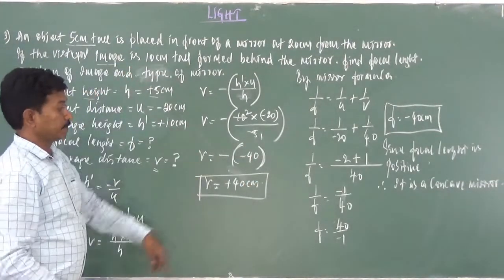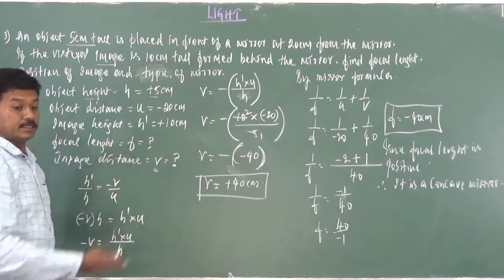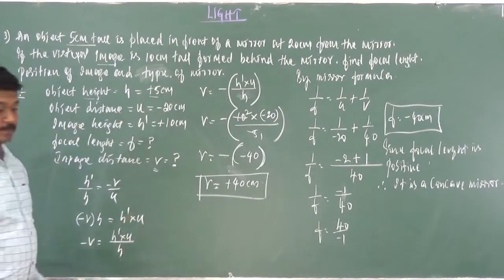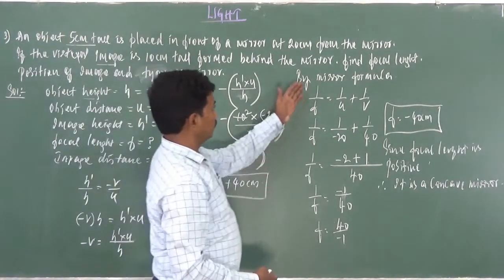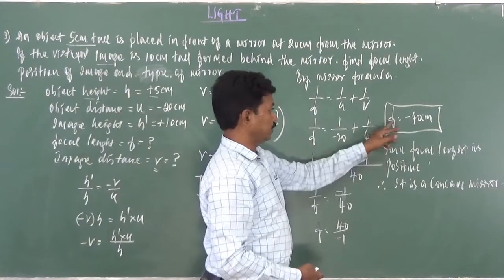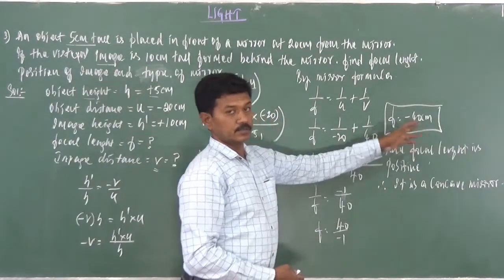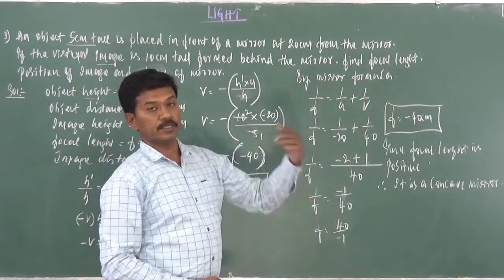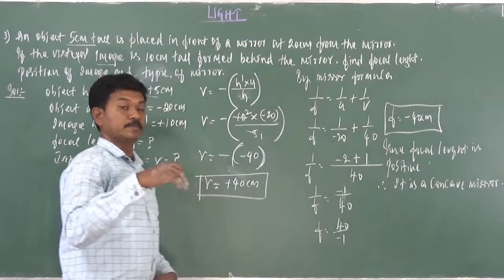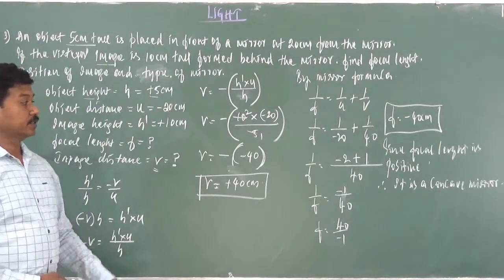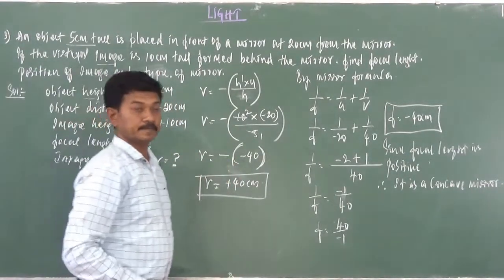So it is virtual, erect and enlarged. By mirror formula, when you find the value of f comes negative, focal length is negative only in concave mirrors and positive in convex mirrors. So this is how you have to conclude.